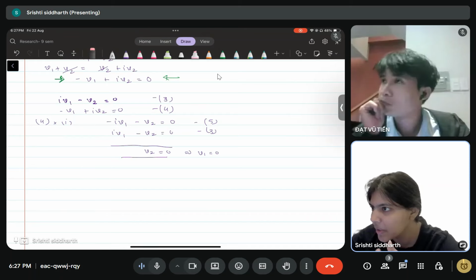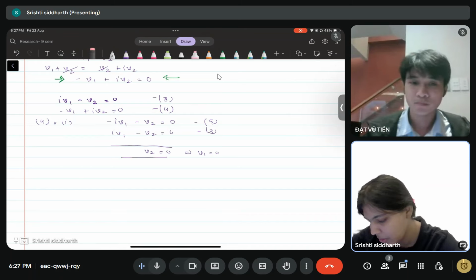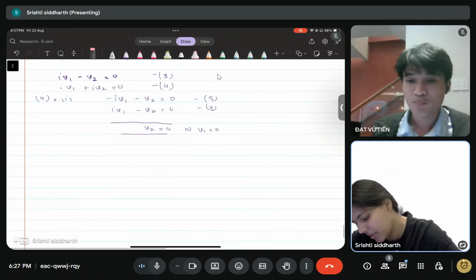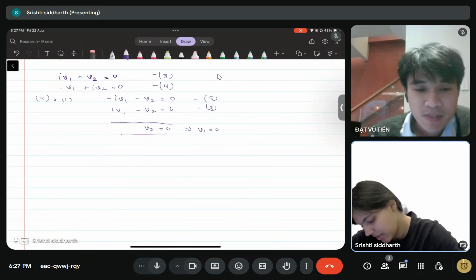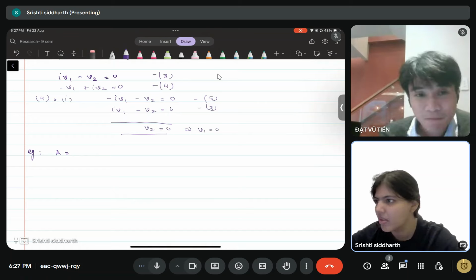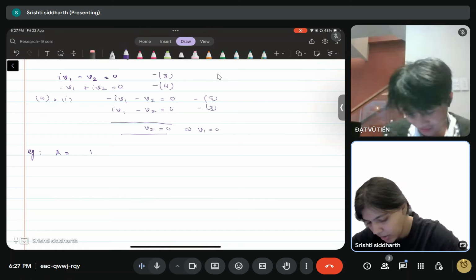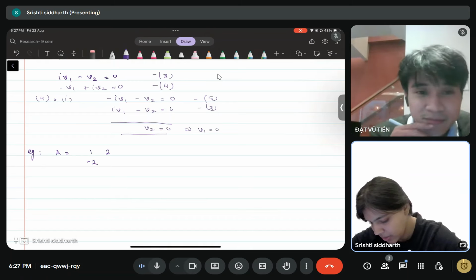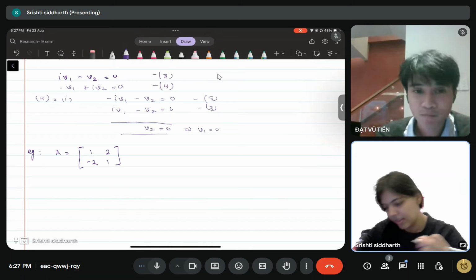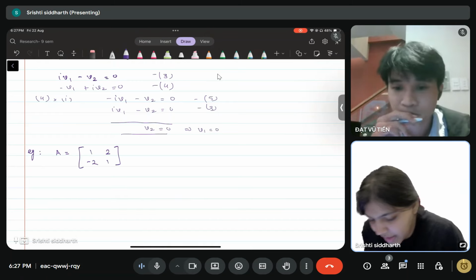I don't know what happened with this one, but let's try a different matrix: 1, 2, minus 2 and 1, and see if we get some non-zero eigenvector for this one.